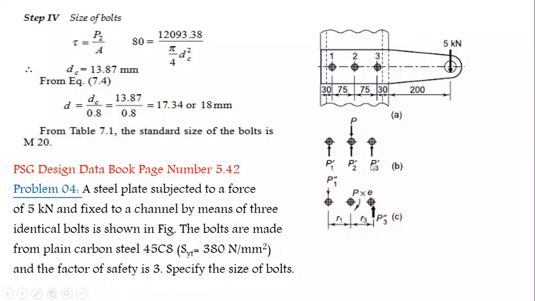Here also the load is acting, and the secondary shear force is acting perpendicular, P1 double dash, P3 double dash. Here we can get the moment. Due to the load, at this bolt we get the moment only.